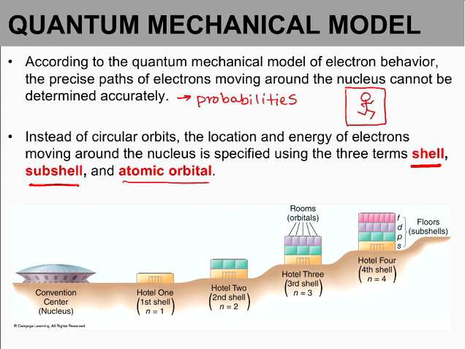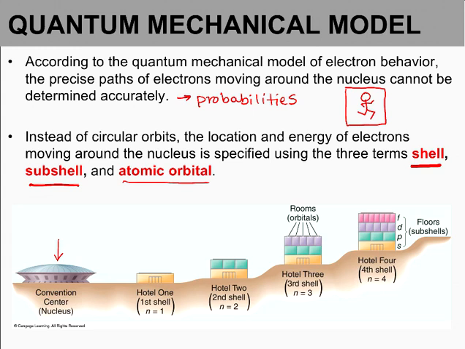Let's say that we have electrons and they're attending a conference at a convention center, and we'll call that our nucleus. And let's say those electrons are staying at 4 different hotels. So Hotel 1 is really close to the nucleus, Hotel 2 is a little further away, and then if we go all the way over to Hotel 4, that is the furthest away from the nucleus.